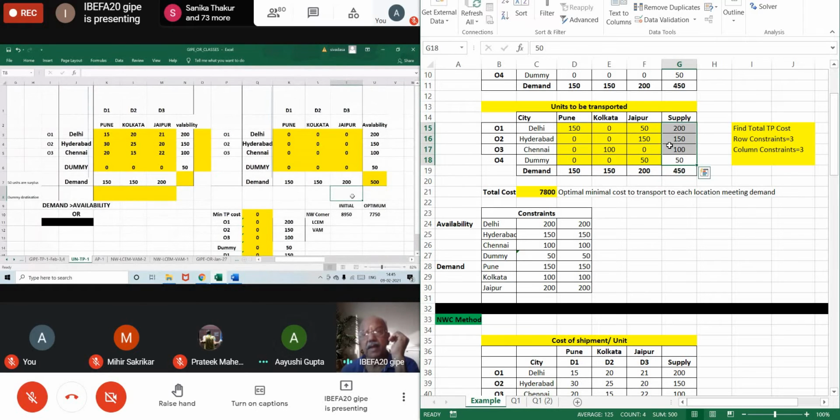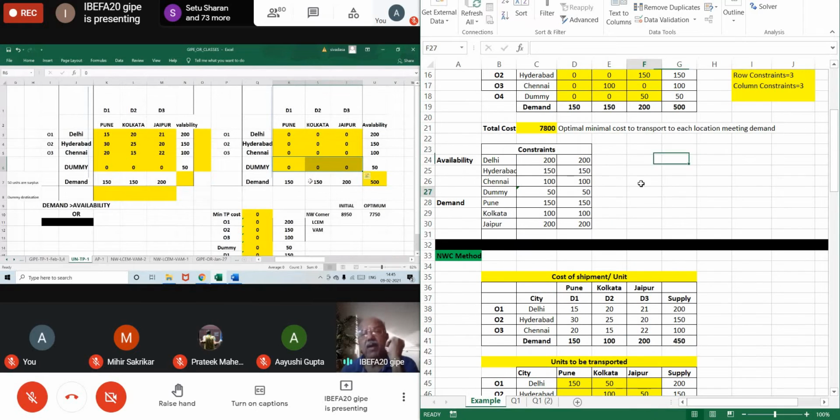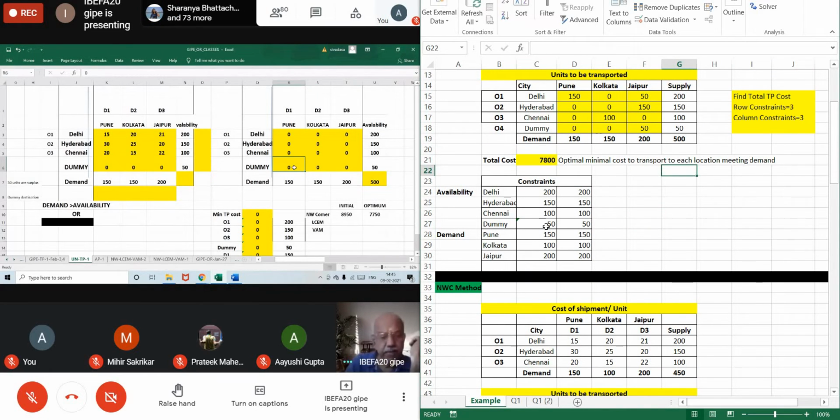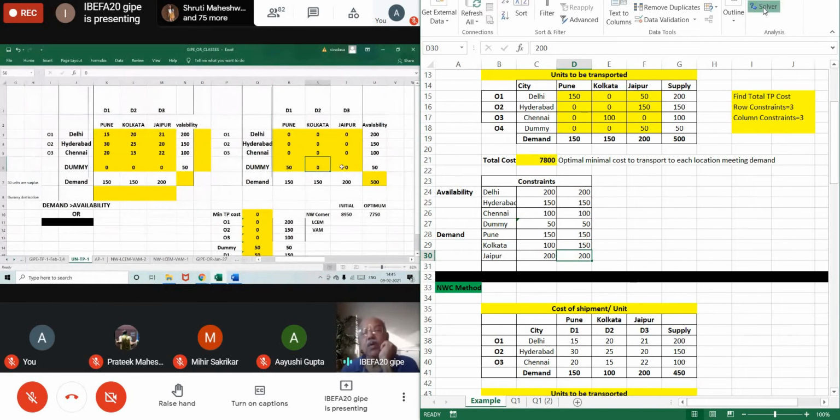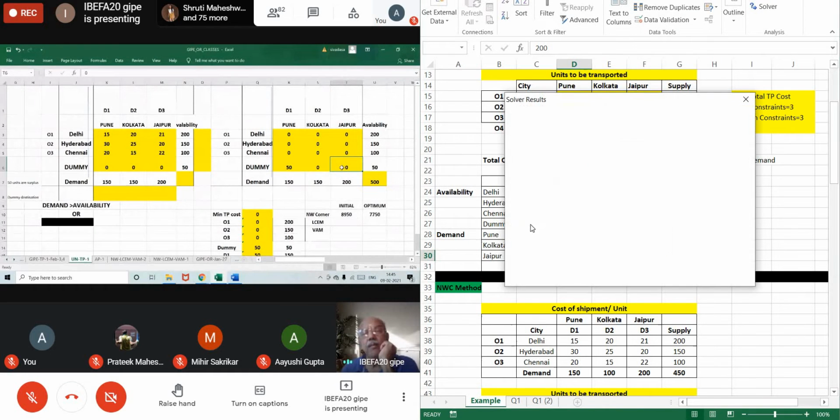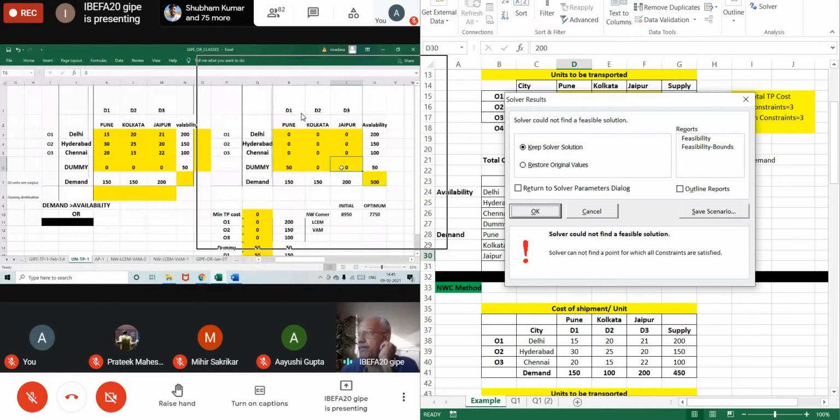Now the least cost entry method I am applying. Among these, the least costs are zeros, so any zero I can give the allocation. Say I give Pune 50. So no more allocation to Kolkata from dummy, and no more allocation to Jaipur from dummy.